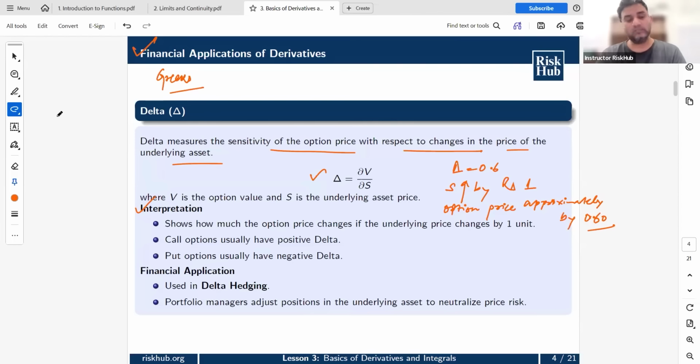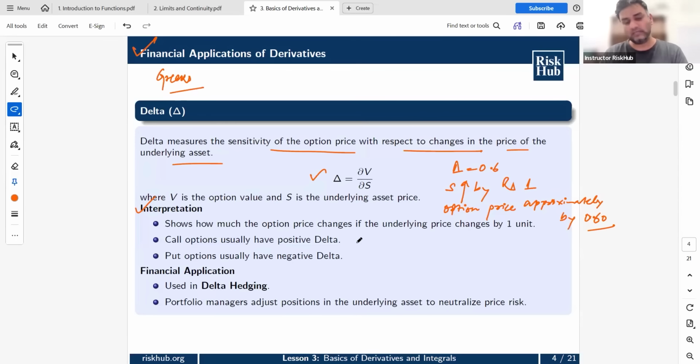Why do traders use it? Because delta is used for delta hedging. If you hold, let's say, a call option with delta 0.6, you short 0.6 shares per option to hedge. If you have not studied hedging, it might be a little confusing, but basically you use the stock to hedge your option exposure.